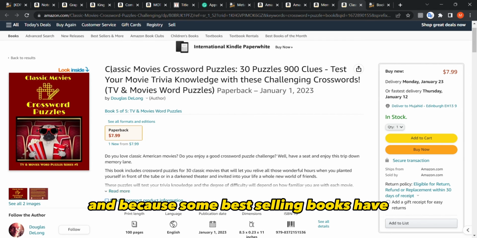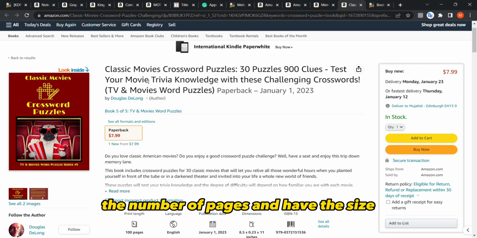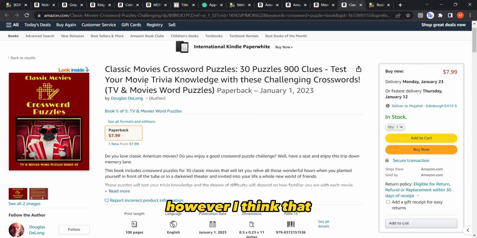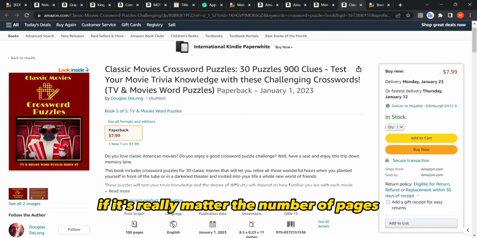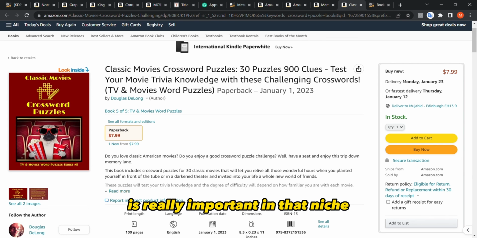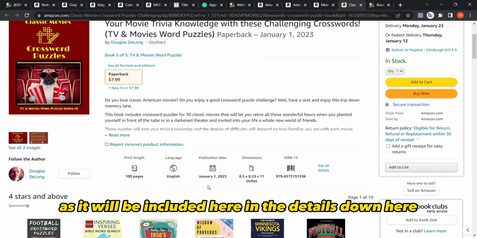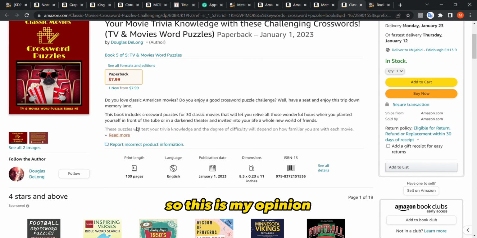Some best-selling books have the number of pages and the size. However, in my opinion only, you shouldn't, unless the number of pages or the size of the book is really important in that niche, then include it. Other than that, try not to include it, as it will be included down here in the details. So this is my opinion.